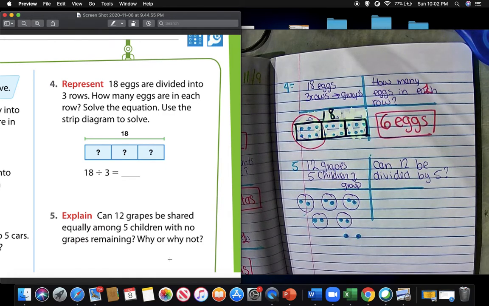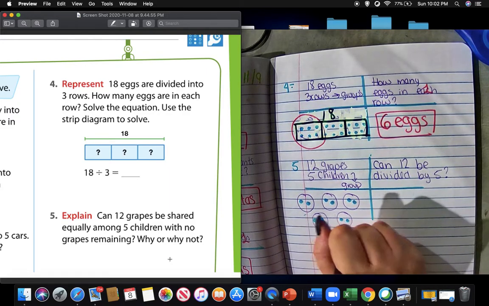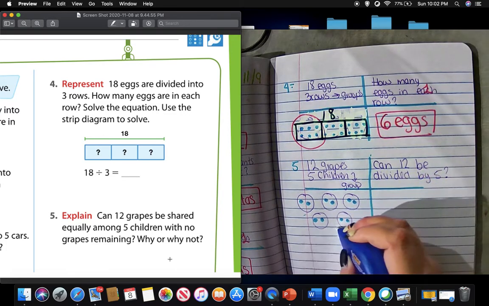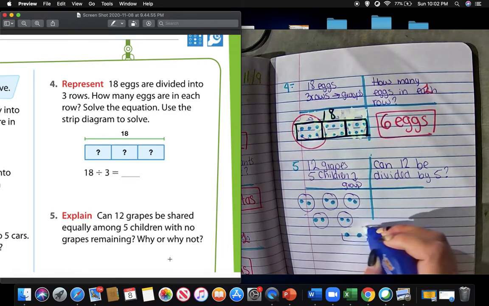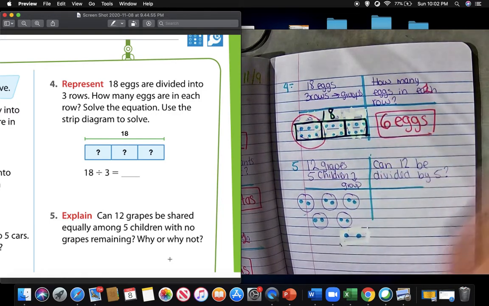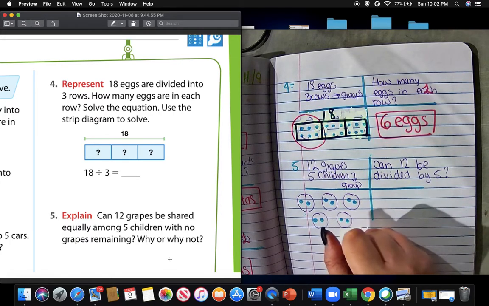So how many do I have remaining? I have 2 remaining right here. This is my remaining. So I'm going to erase this because this is not a group and I don't want you to get confused. Okay, so I have 2 remaining. I can write it right here instead.